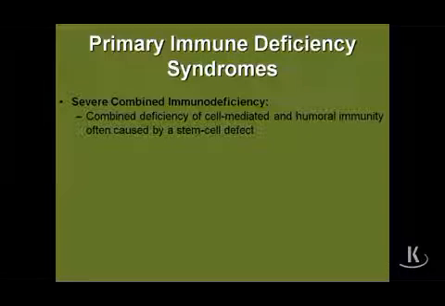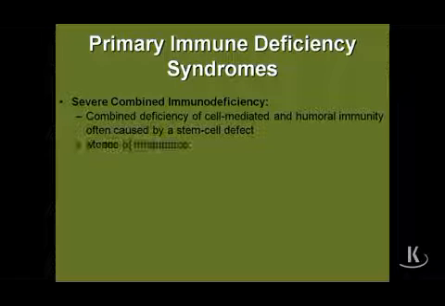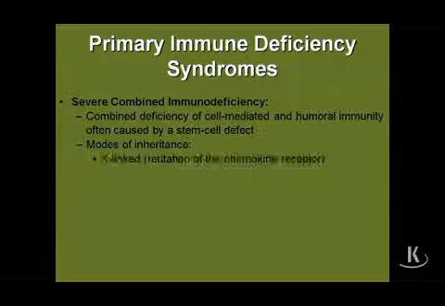Then what's a condition where you involve both T and B cells? What do we call this? Severe combined immunodeficiency. And so this is a deficiency of cell-mediated as well as humoral immunity, and it's going to be due to a defect in the stem cell. There are different modes of inheritance. It could be X-linked mutation of a chemokine receptor. These are important for chemokines.